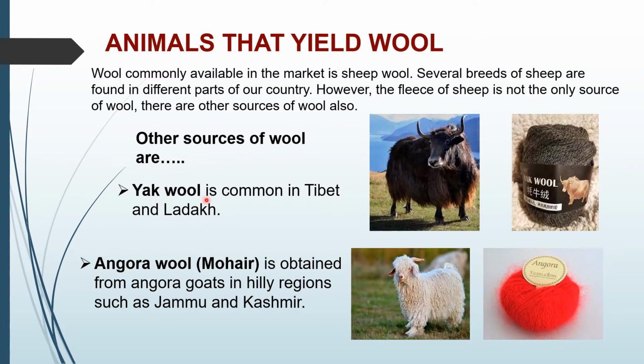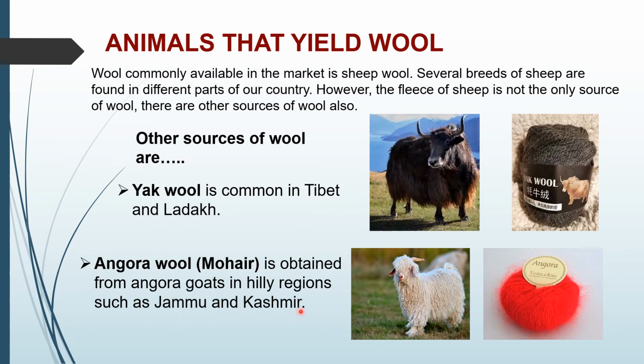Yak wool. Yak wool is common in Tibet and Ladakh. This is the yak and this is the wool taken from this animal. Next is Angora wool or mohair. Angora wool has another name, mohair. It is obtained from Angora goats in hilly regions such as Jammu and Kashmir.